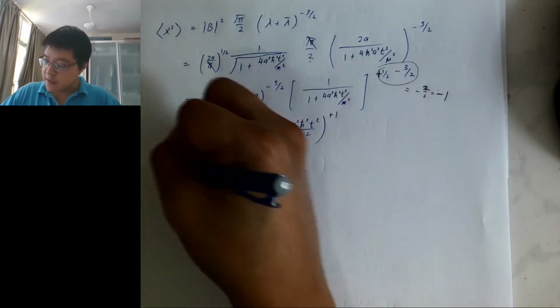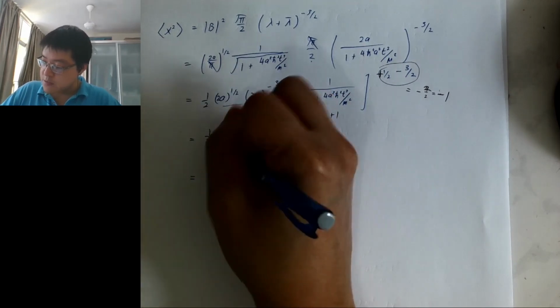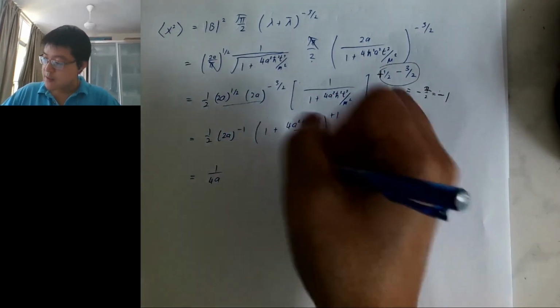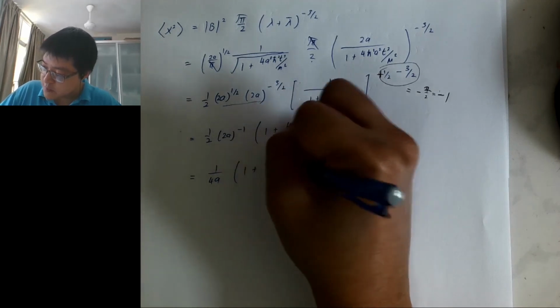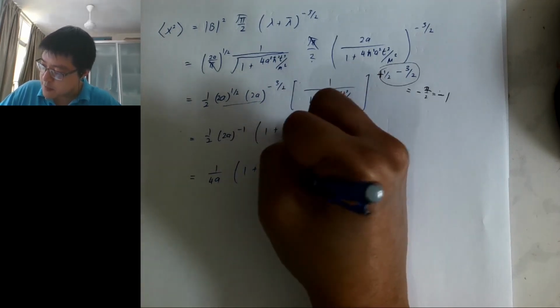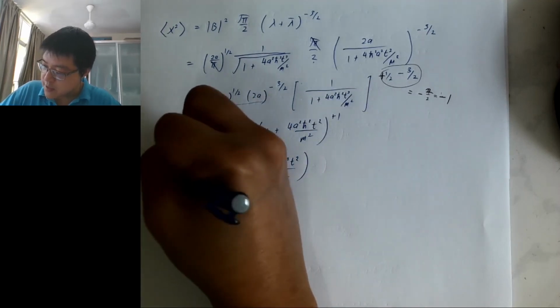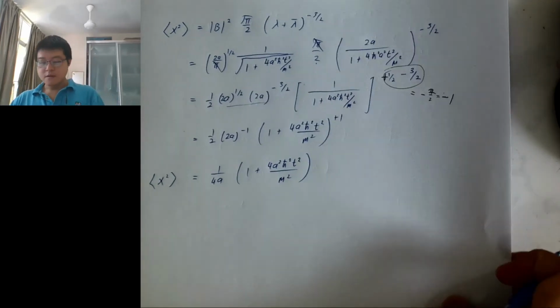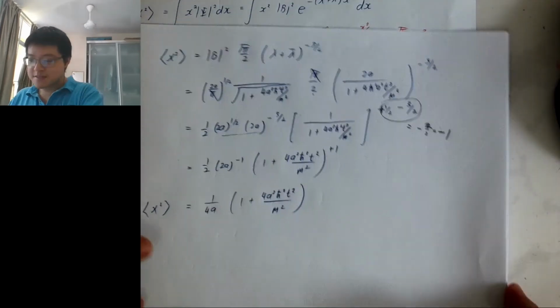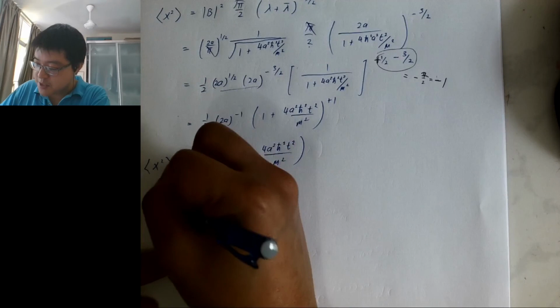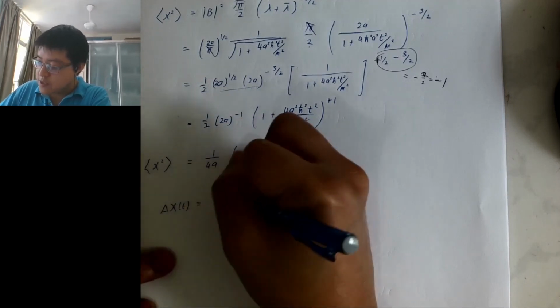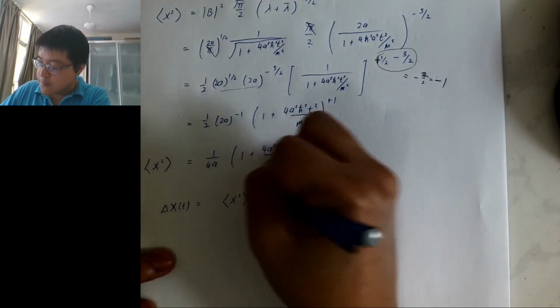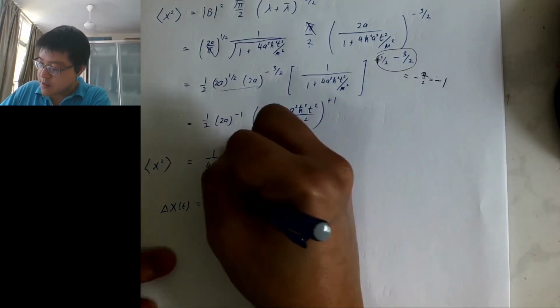So finally we got it. This is 1 over 4a, and this is 1 plus 4a square h bar square t square over m square. So this is delta x square. Okay, so after all this ugly calculation, we can finally determine my expectation value, which is just delta x square minus delta x, the whole thing squared.